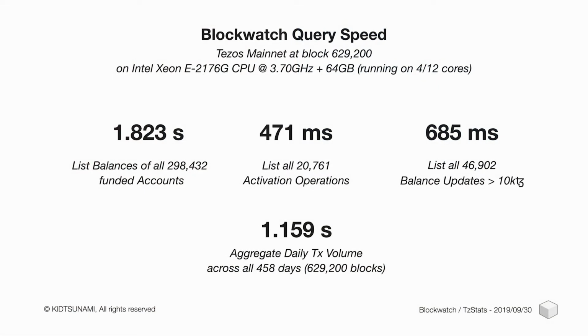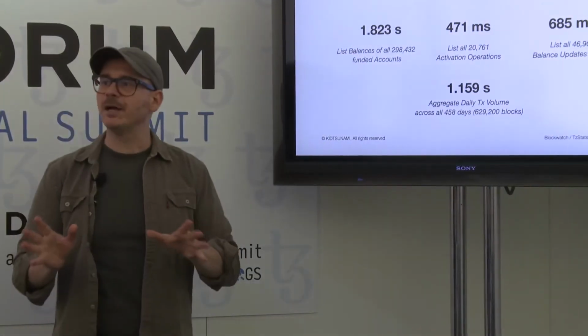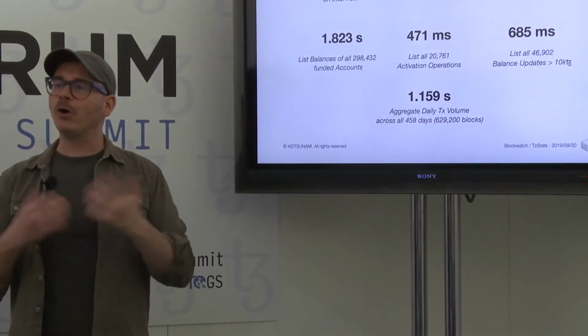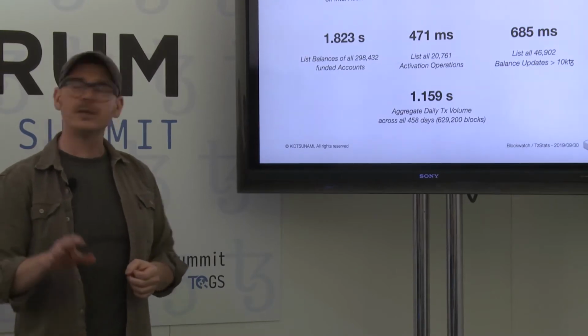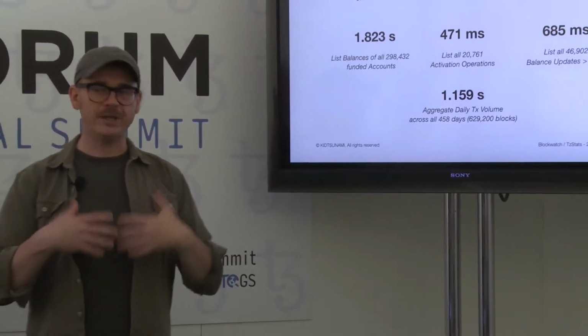I didn't give it more CPU. So, query speed, on the other side: how fast you can get the data out of that database. I have just some examples here. Listing all the balances of all funded accounts. Right now in Tezos, like yesterday night, we had close to 300,000 accounts that were funded on the Tezos blockchain.